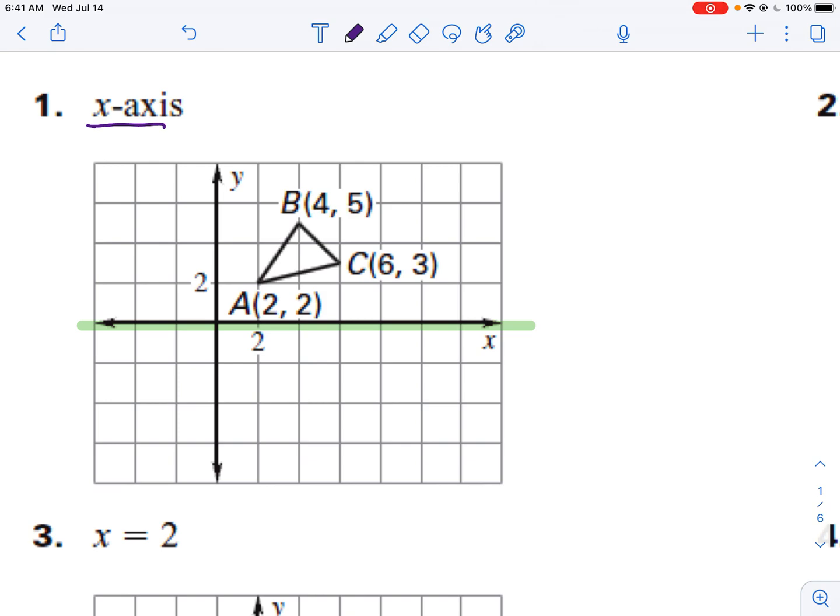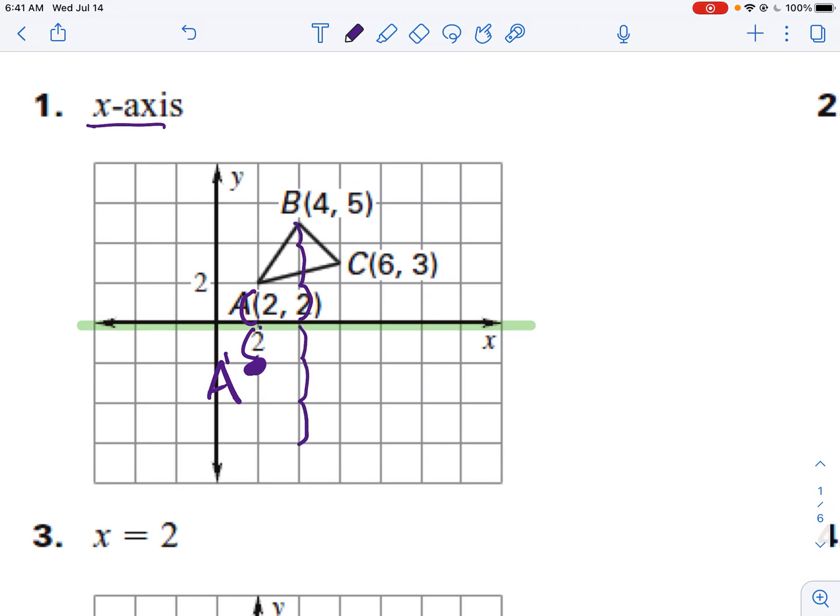Now, if you have a hard time with just doing the opposite and figuring it out, you can just count away. So how far away is it from the x-axis? It's 1. So I come down here, and you're supposed to be labeling. It should say A prime. This one is 1, 2, 3 away.